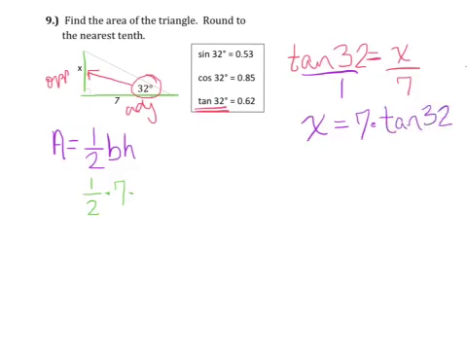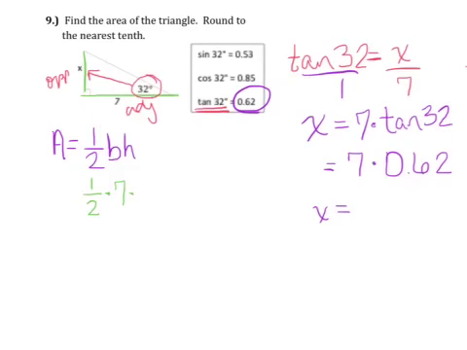Okay, well, we know that tangent of 32 degrees is 0.62, so it would be 7 times 0.62. Okay, this is going to give us x, which is 4.34. That's our height, 4.34.